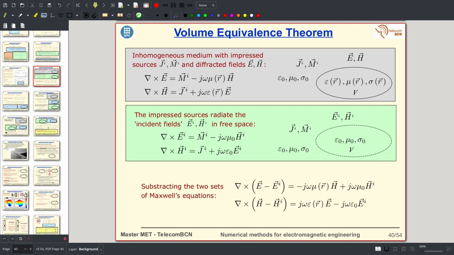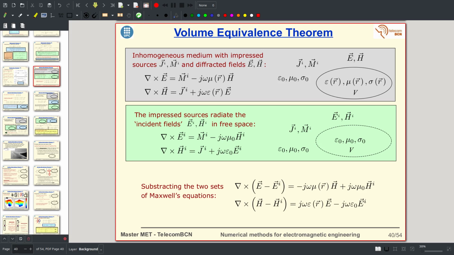It is an important problem of fields diffracted by an object. But there are many applications of the computation of fields diffracted by an object, not only radar. For example, the radiation patterns of a mobile phone antenna in a complex environment, including reflection with many objects or whatever.